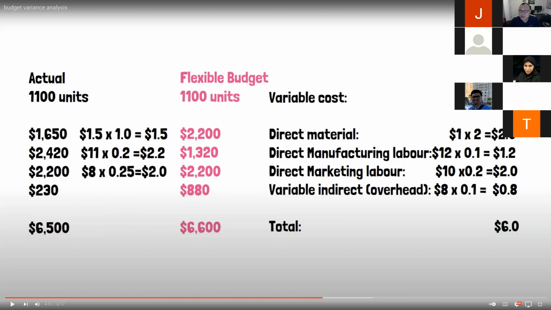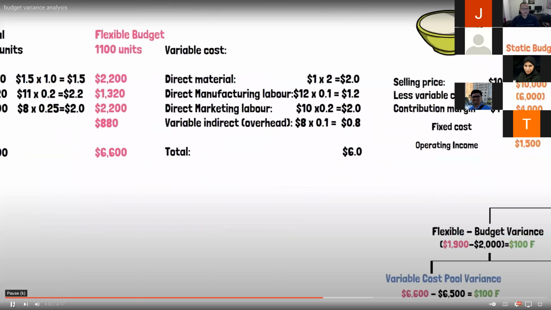How do you do the calculation? 2,200 minus 1,650. Okay, good. So you are comparing the pink versus the black, right? Now remember these numbers, and you're going to see how it's further broken down.